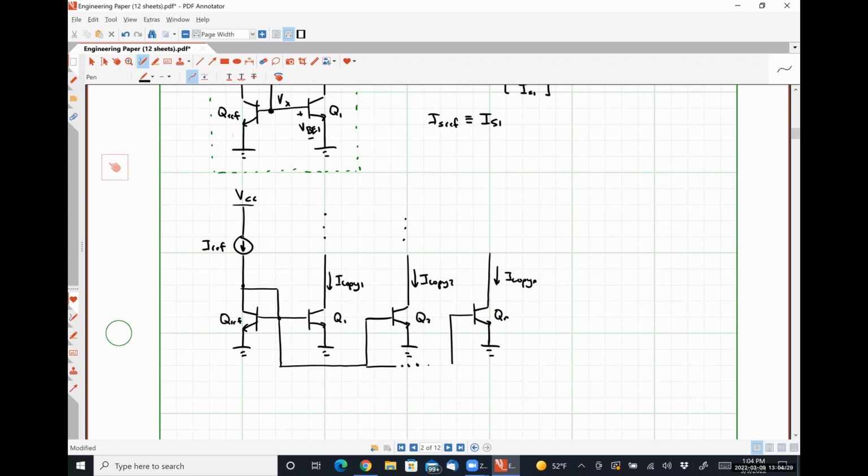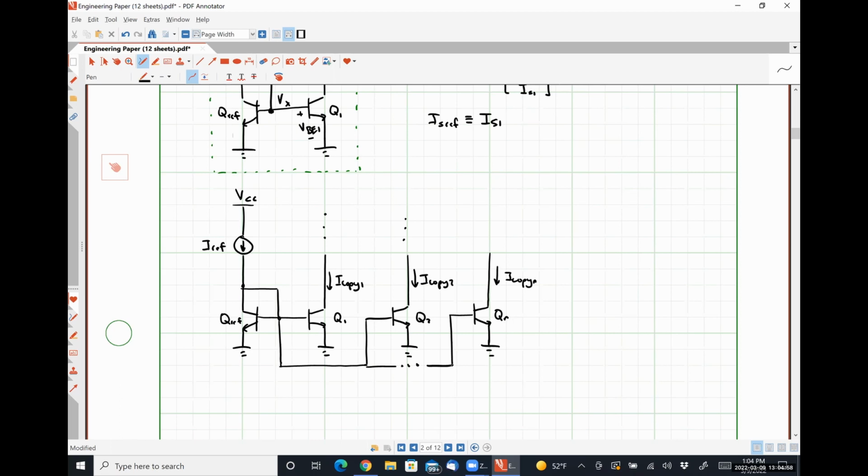The problem that we will see if we are making multiple copies of our reference current is that our current source here, IREF, has to supply the base currents of all of these BJTs too, right?